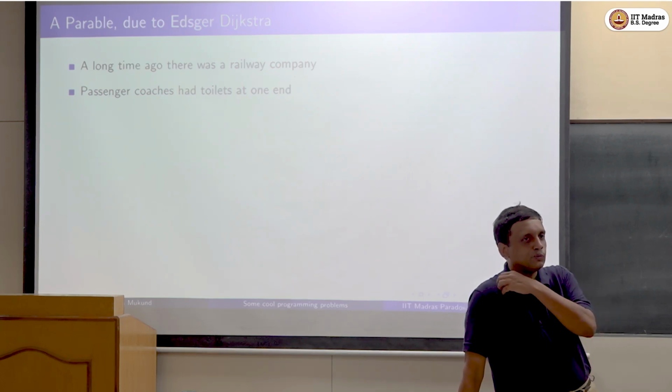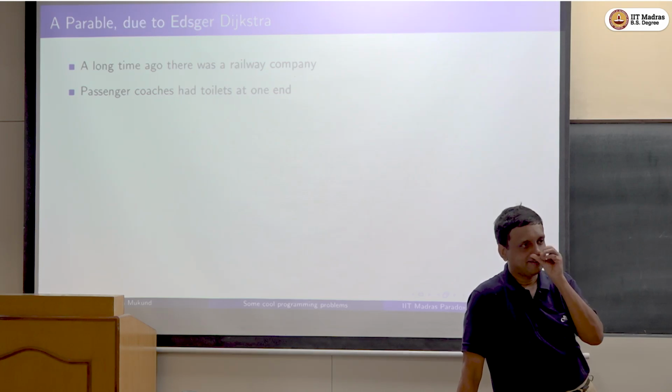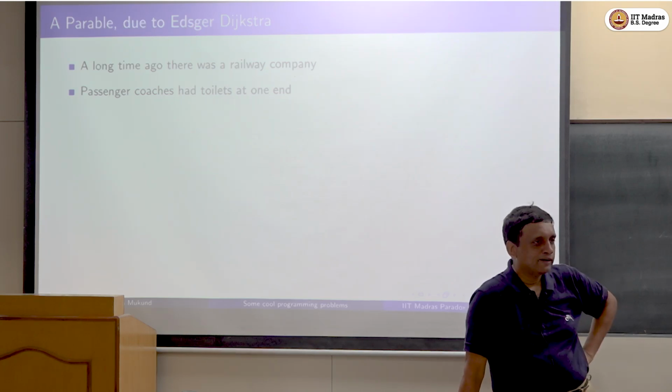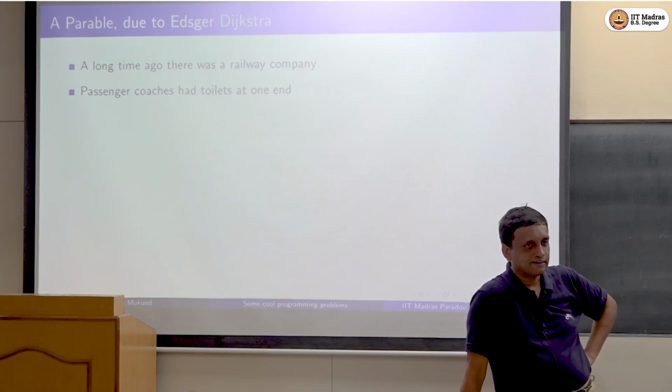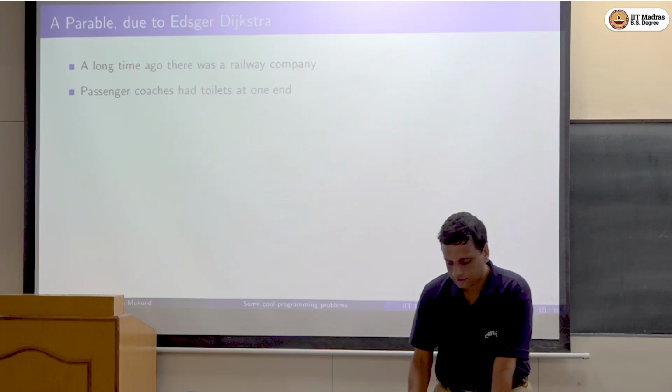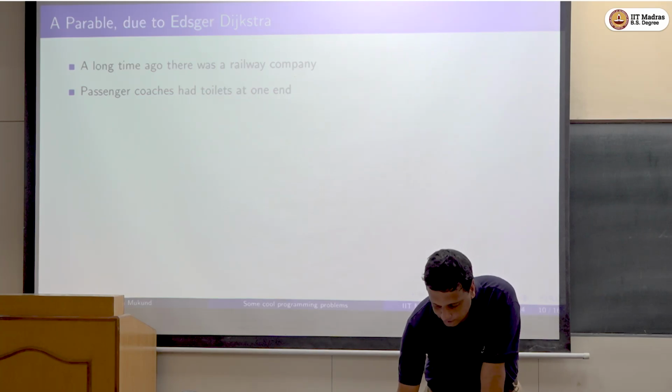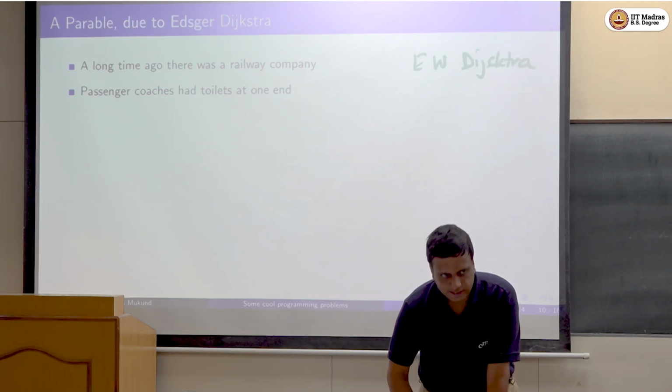So he was also a pretty eccentric person. So he used to have, if you can call it a blog, okay, in the 1960s. Right? He used to write these like a diary. Right? So his full initials are EW Dijkstra. Right? So he is originally Dutch.